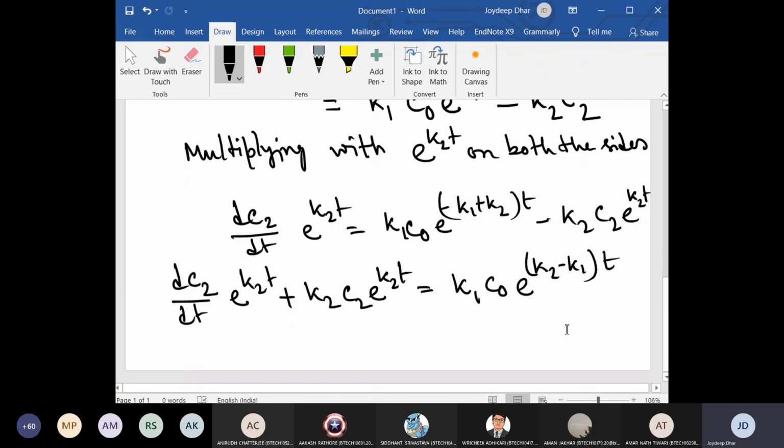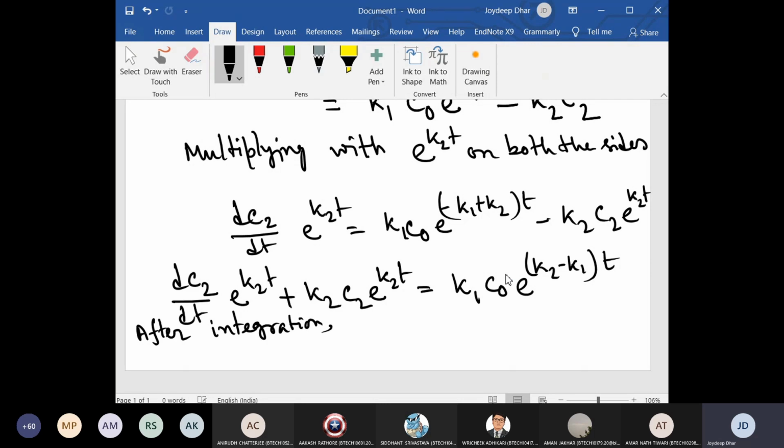So if you integrate on both the sides, what will you get? After integration, I have come to the bottom of the page. The left hand side is of the form C2, a product of two terms, C2 into e to the power K2T.